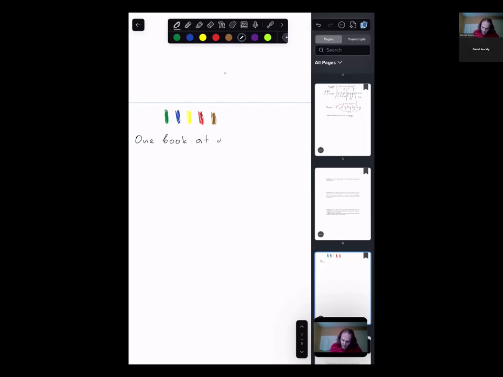I just have 5 books. So on the first step, for the first book, how many choices do we have? Of course, for the first book, we have 5 choices.